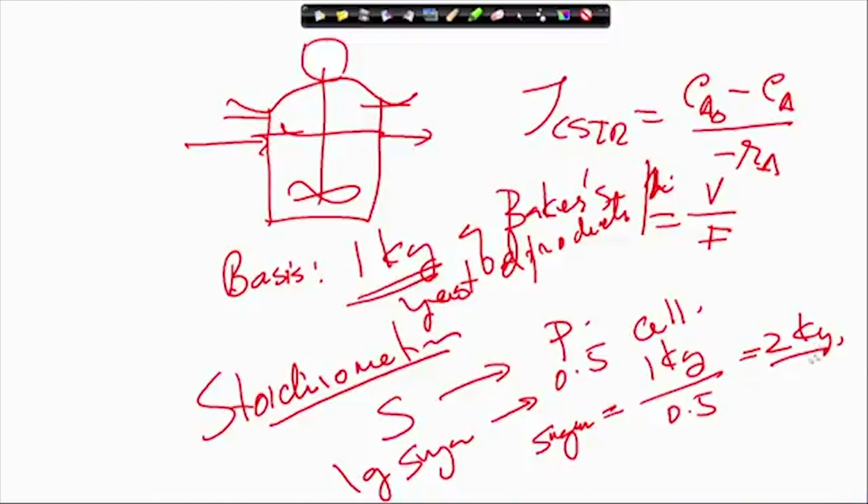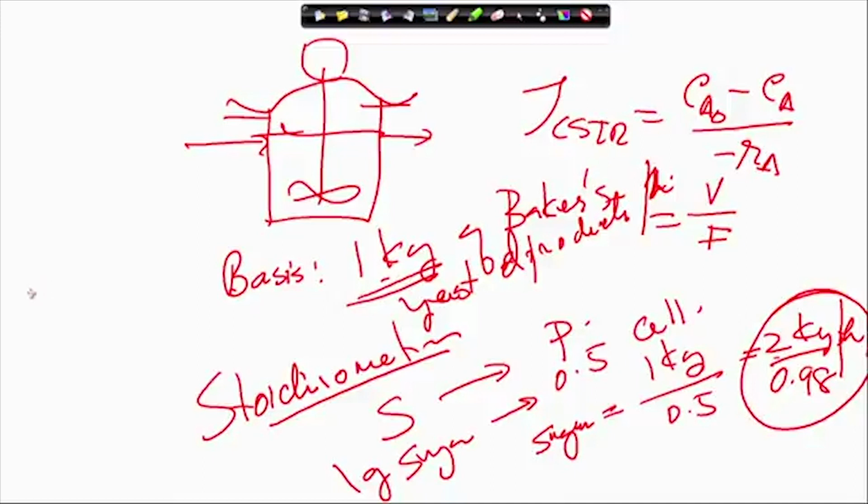Now, the 1 kg Baker's yeast you want to produce per hour, that means 2 kg sugar is required per hour, provided your conversion is 100%. But usually your conversion cannot be 100%, maybe 95%, 98%. So again you divide by that factor, maybe 98%. So this is the exact amount of substrate that is required for your system.